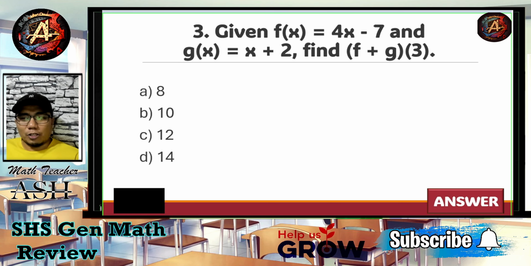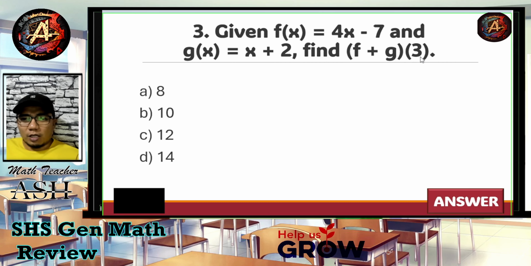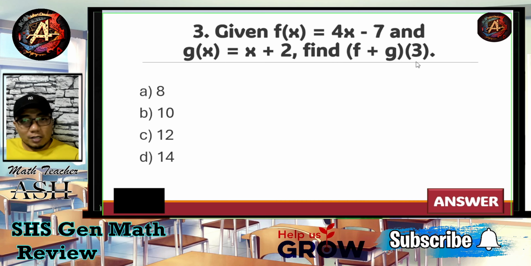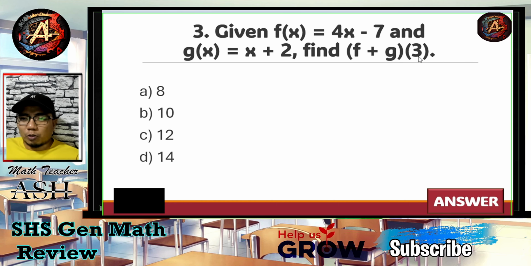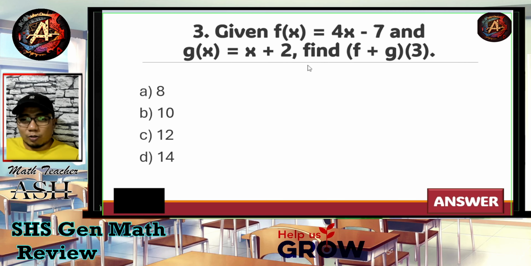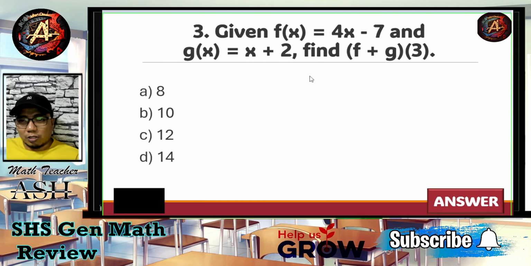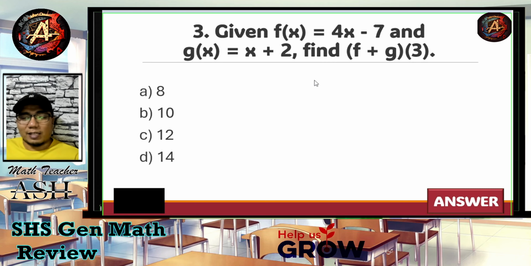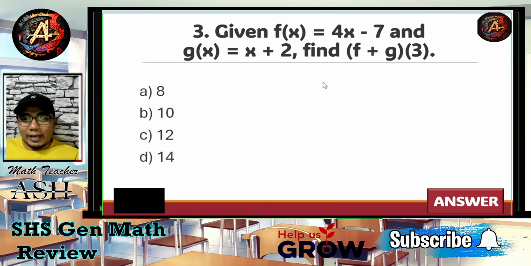Okay, my dear math learners, there are two ways to solve this one. Since our input for the value of x is positive 3, you can do two things. Number 1, you substitute 3 to your g of x and substitute 3 to your f of x. The values that result will be added together and that will be your final answer. The next one is by adding first the f of x and the g of x in terms of expressions.